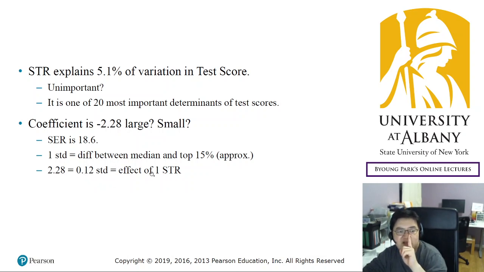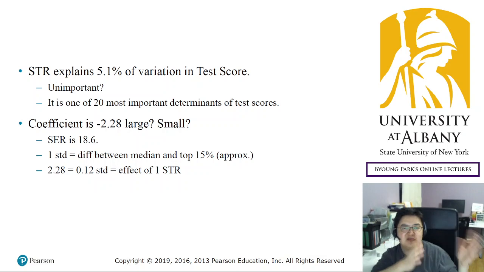So if you change by 8, then it will be 1. So one standard error is approximately the difference between the median and the top 15%. The median and the top 15% is much easier to understand and puts the numbers in some context, right?